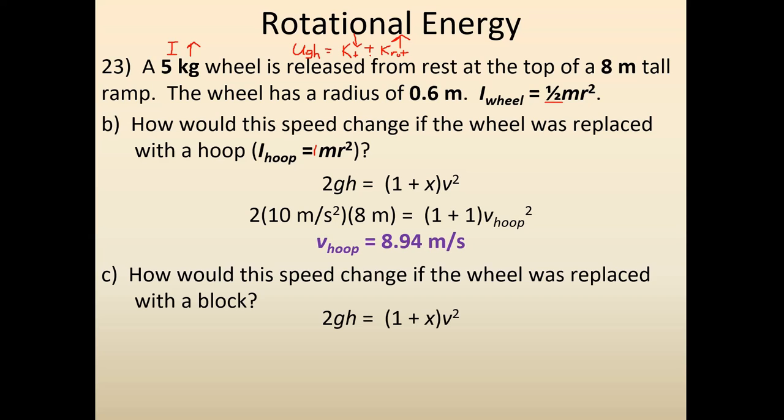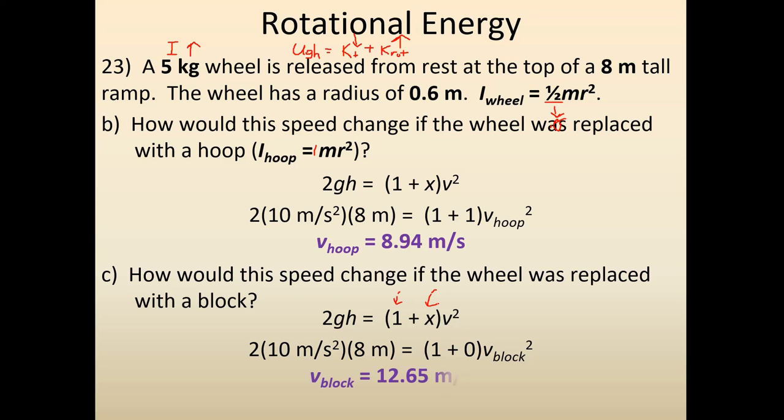So let's see. I can actually still use this equation, even though it was derived on the assumption that there was a rotational kinetic energy. I could still use it. I just set the coefficient, this fraction, equal to 0. If I do that, that essentially gets rid of the rotational part, because the 1 is the translational and this is the rotational.